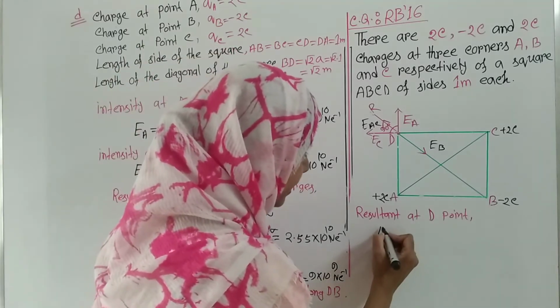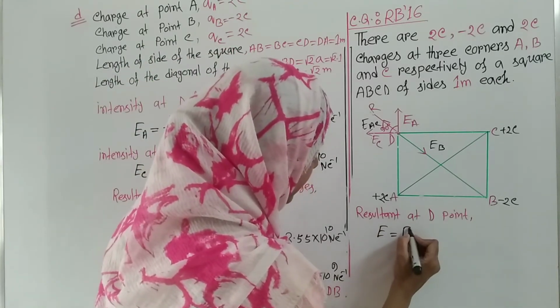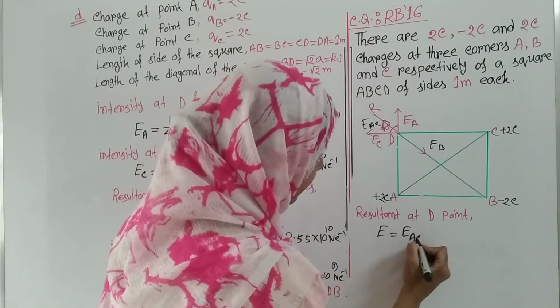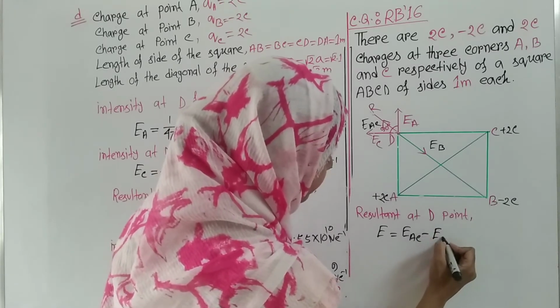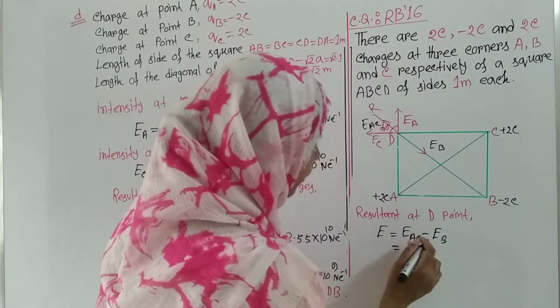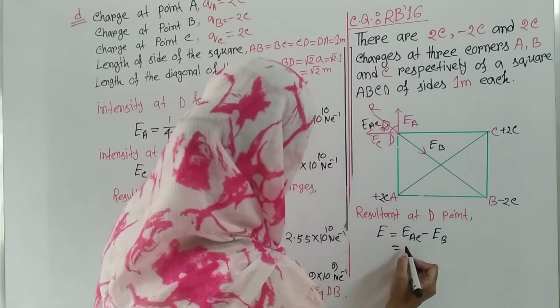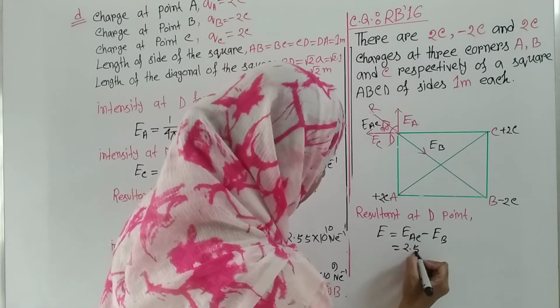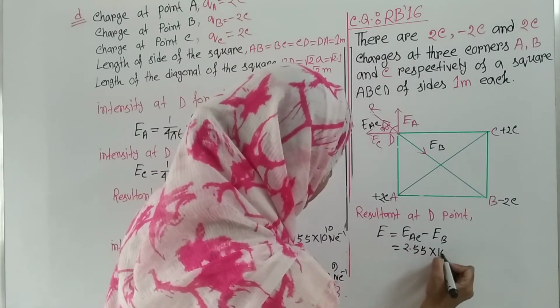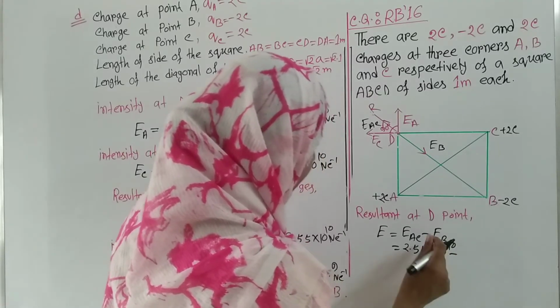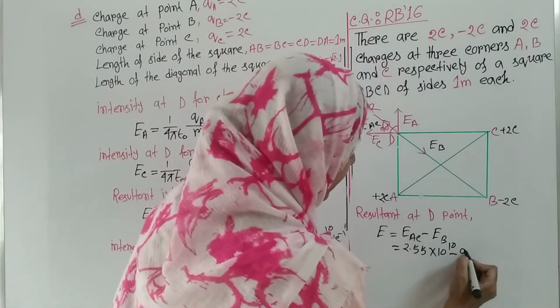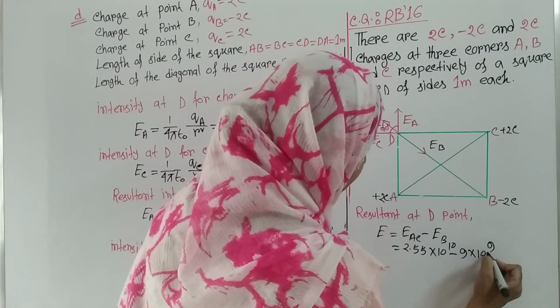the final resultant will be E is equal to EAC minus EB, and the value of EAC is 2.55 into 10 to the power 10 minus the value of EB, which is 9 into 10 to the power 9.